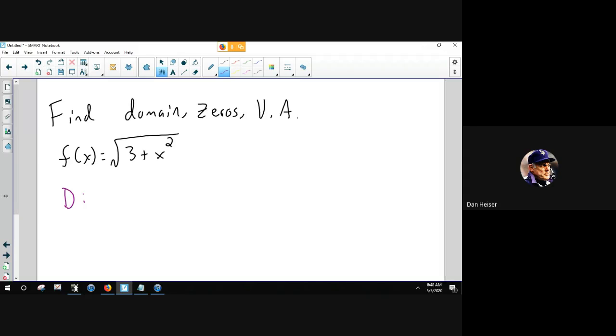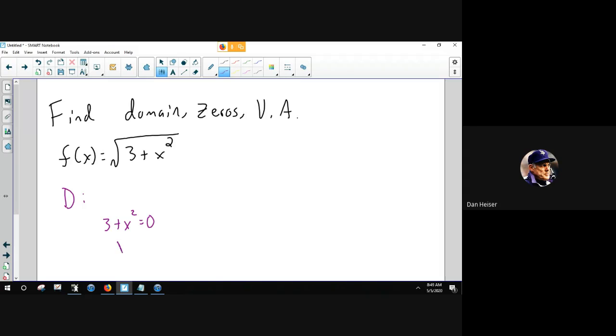So for this one, I need to ask myself, what value of x is going to make this negative? To find out what that is, we need to set that equal to 0. And we need to solve.